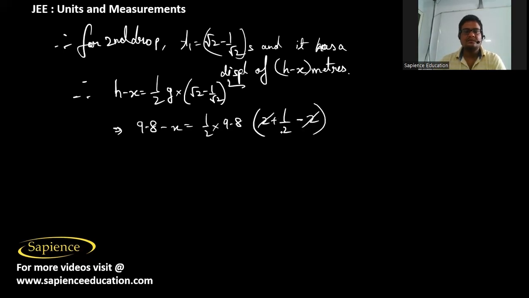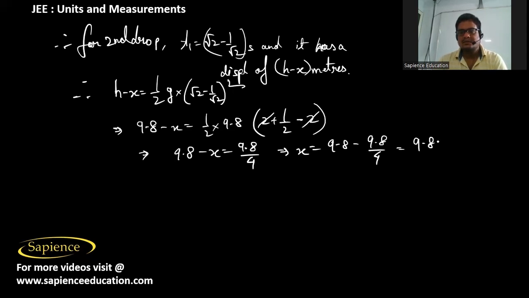So this will be half. It means 9.8 minus x is equal to 9.8 divided by 4. So x will be equal to 9.8 minus 9.8 by 4, which is equal to 9.8 into 1 minus 1 by 4, that is 3 by 4.